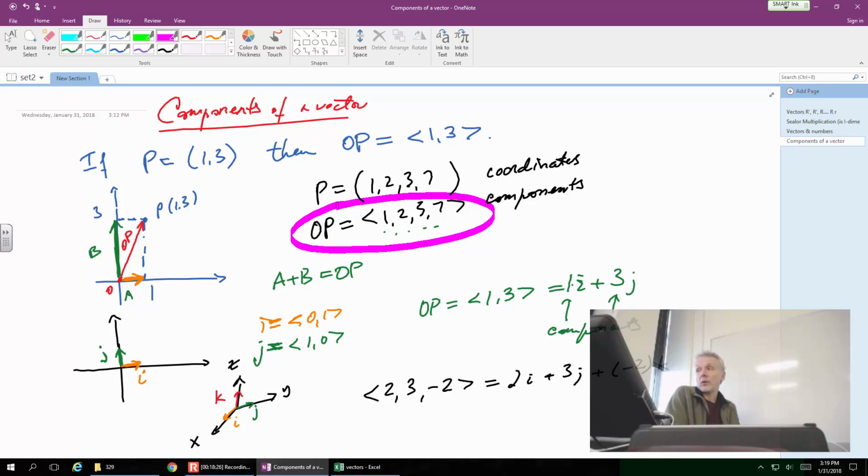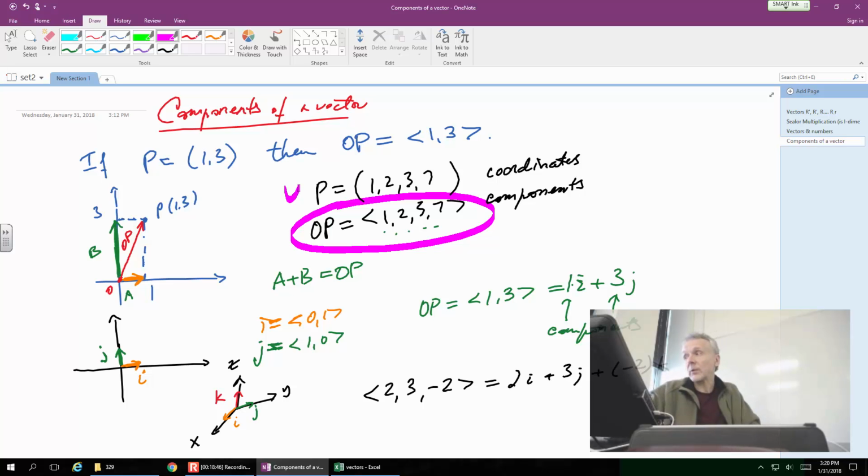If you want to go backwards, what do those numbers mean? How do you visualize that vector? You find the point in the space, say (1, 2, 3, 7), and draw a vector from the origin to that point. So the point is the endpoint.